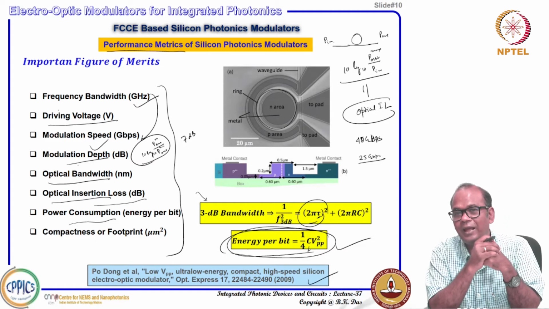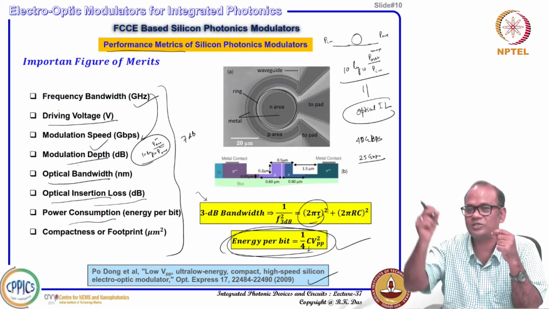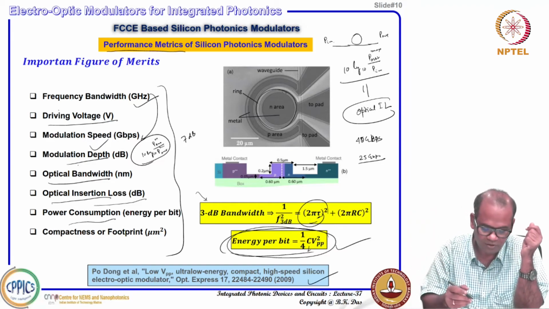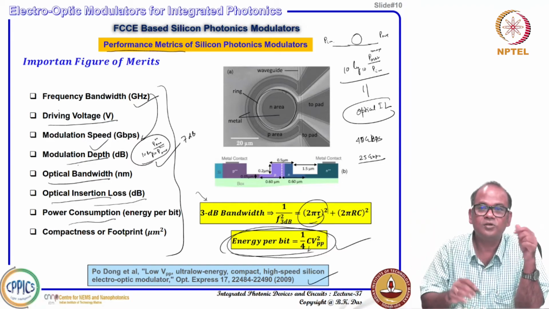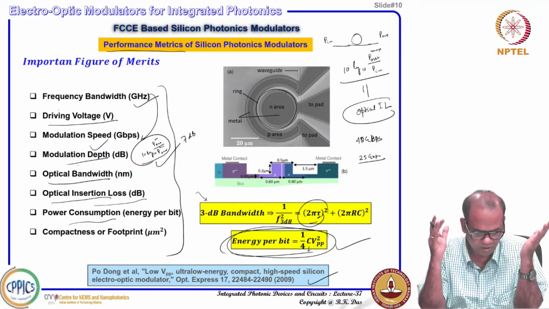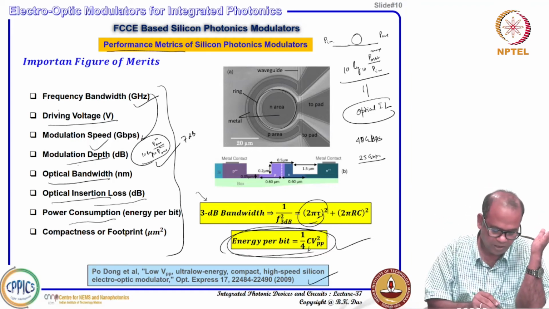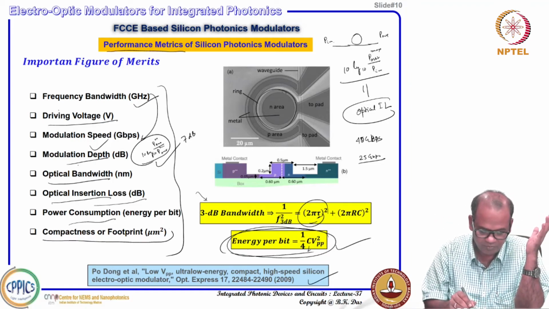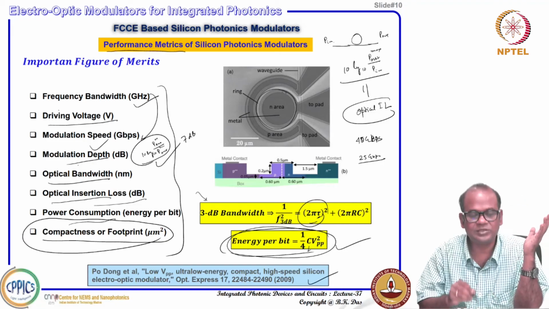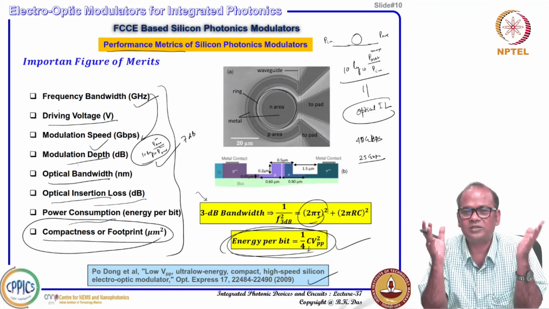At the same time you need extinction. The resonance extinction should be as high as possible so that your modulation depth is also high. All these parameters are very important, and last but not least, for large scale integration your devices should be as compact as possible. Footprint should be smaller.